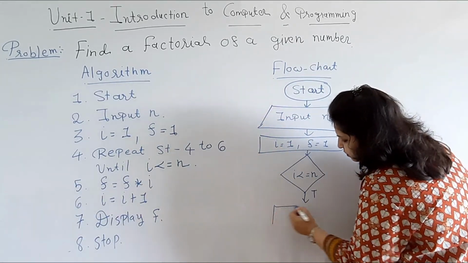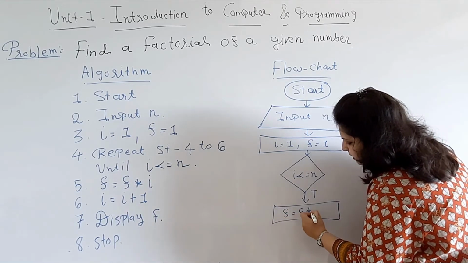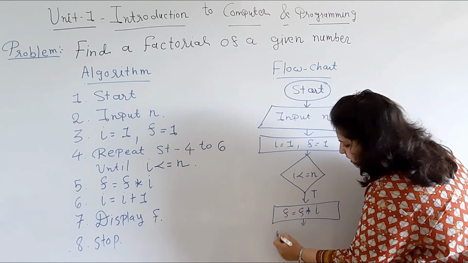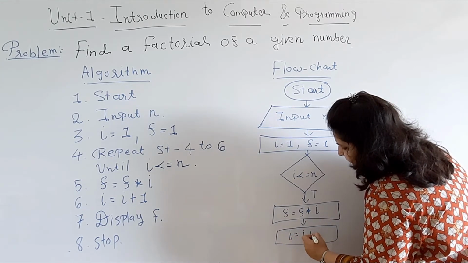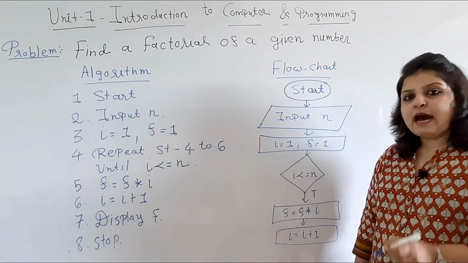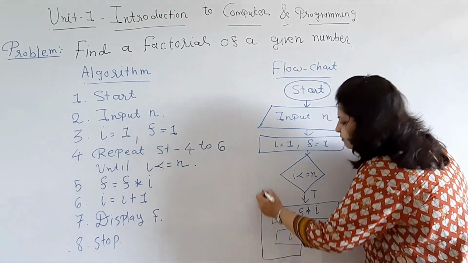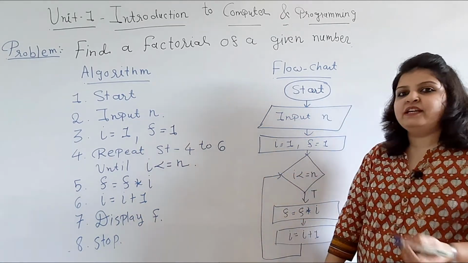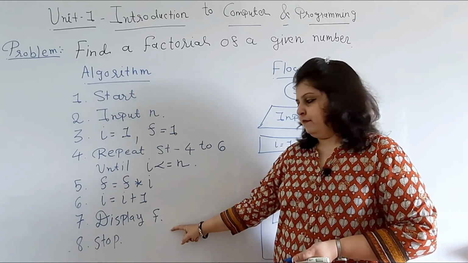So again use a rectangle: f is equal to f into i, and increment the value of i. And now our control again goes to the condition because we have to do this process in repetition form, that's why.